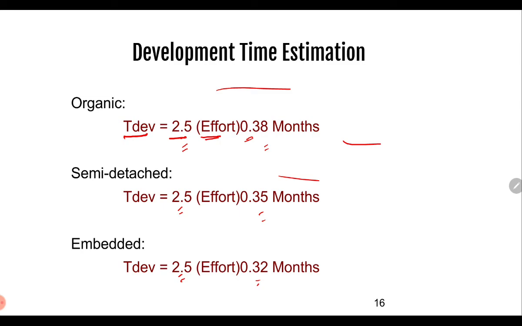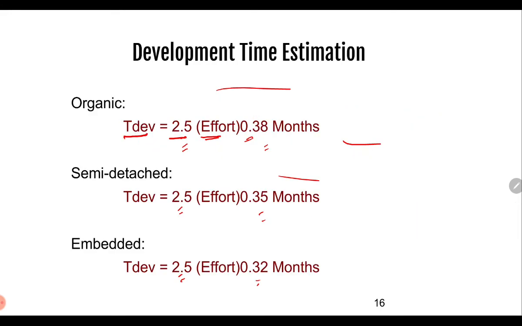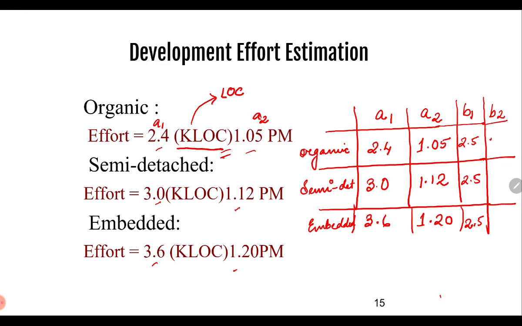In a combined form, all of them can be represented here, where we are looking at B1 and B2. B1 is common for all, which is 2.5 each, and B2 has a different value, which is 0.38, 0.35 and 0.32.